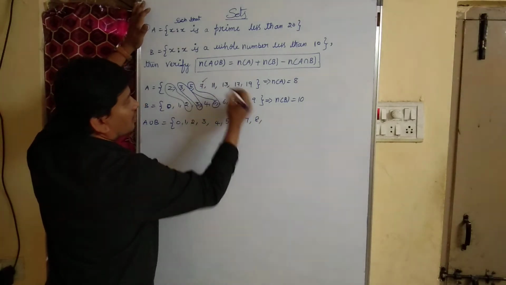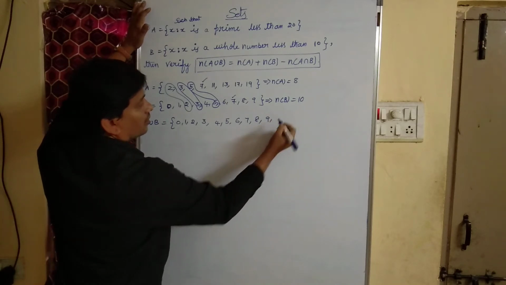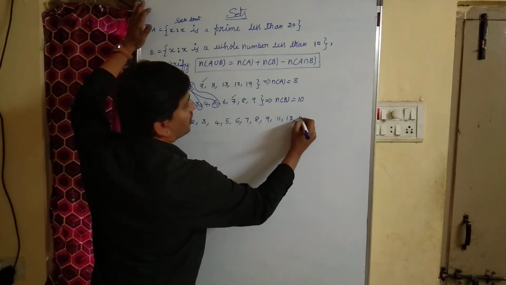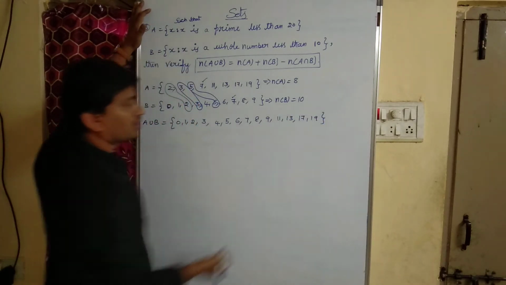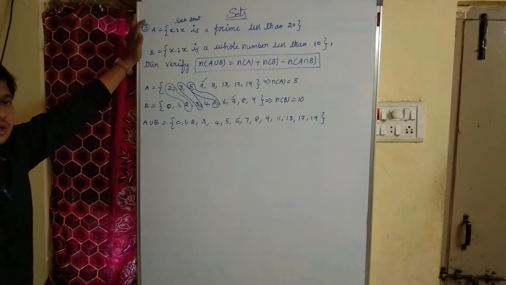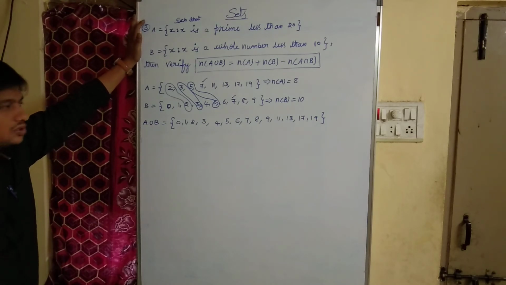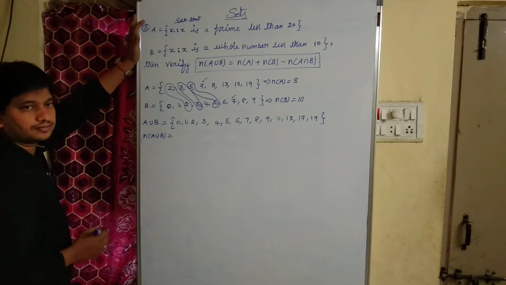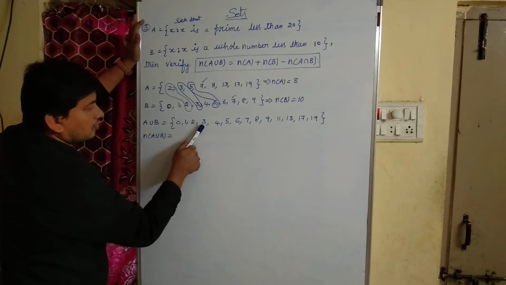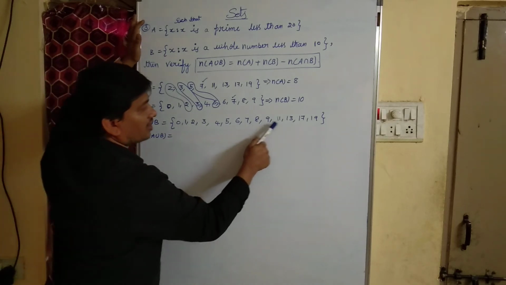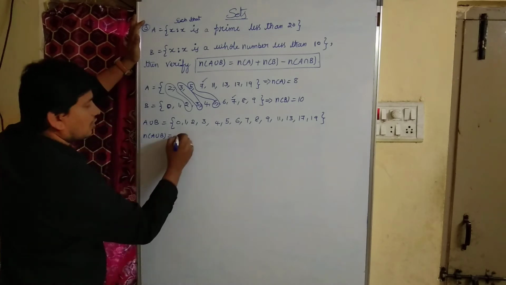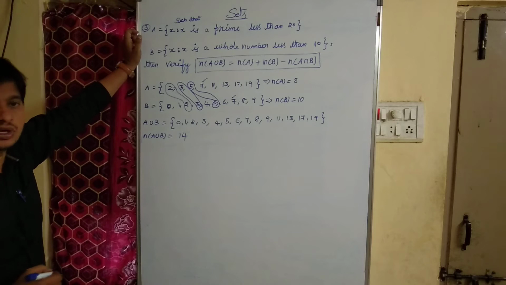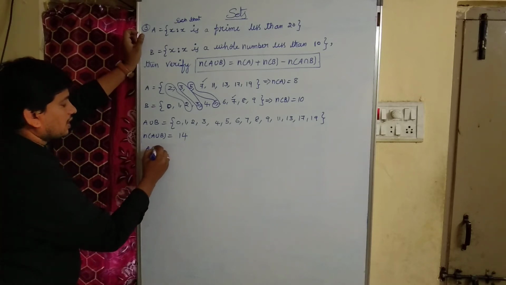Then 8, then 9. Then 11, 13, 17, 19, which are there in only one of the sets. So can you find out the cardinal number of the set A union B? 1, 2, 3, 4, 5, 6, 7, 8, 9, 10, 11, 12, 13, 14. So how many elements are there in set A union B? 14 elements.